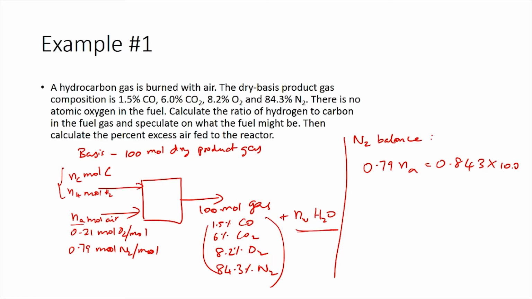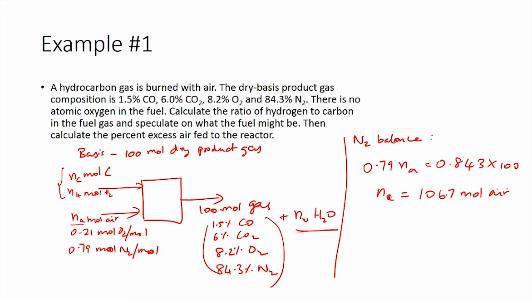As nitrogen is considered to be an inert component and as the process is at steady state, you would not have generation or consumption terms for nitrogen and accumulation would also be 0. So, this means input equals output, which is what I have written down. So, based on this you can calculate the number of moles of air entering the system as 106.7 moles of air.